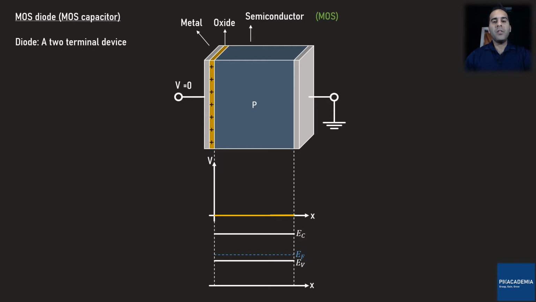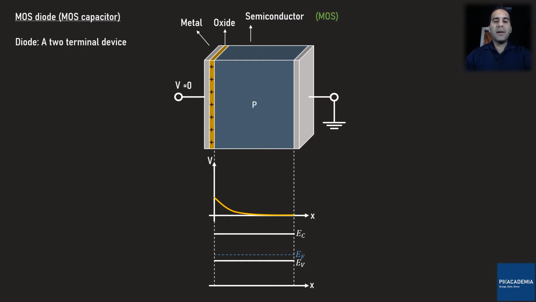All right. So by taking into consideration the positive trap charges in the oxide layer, the voltage plot across the device is bent up a bit close to the oxide semiconductor junction.